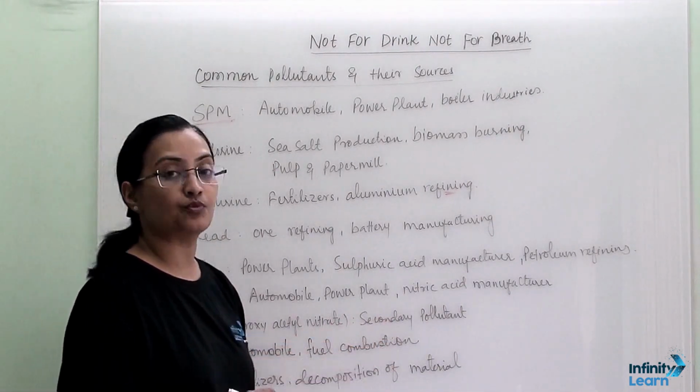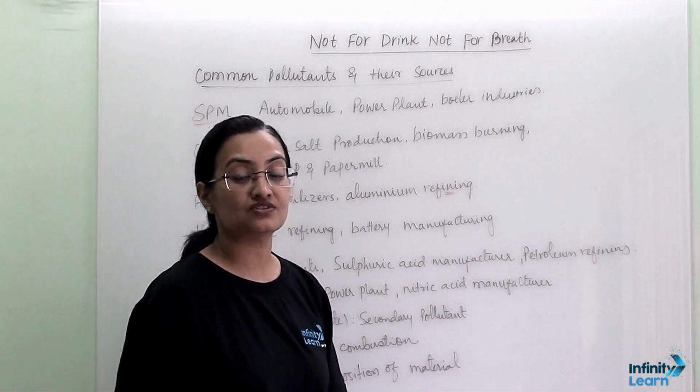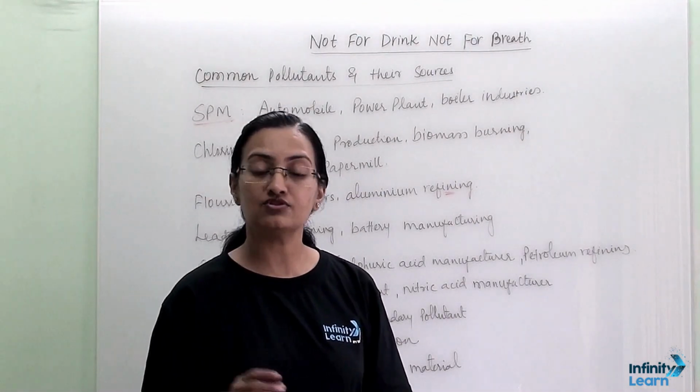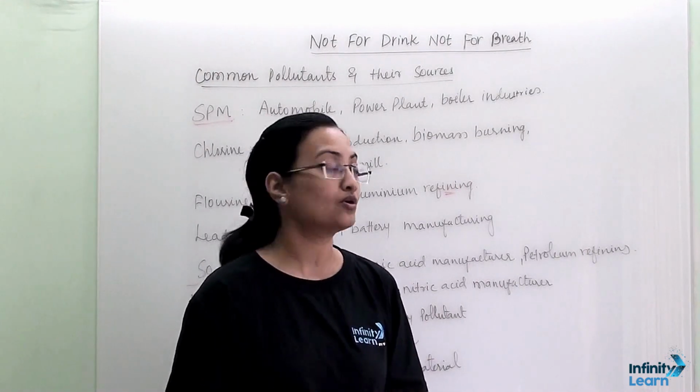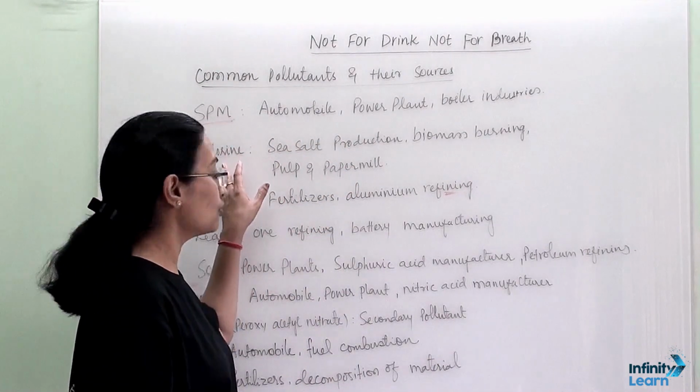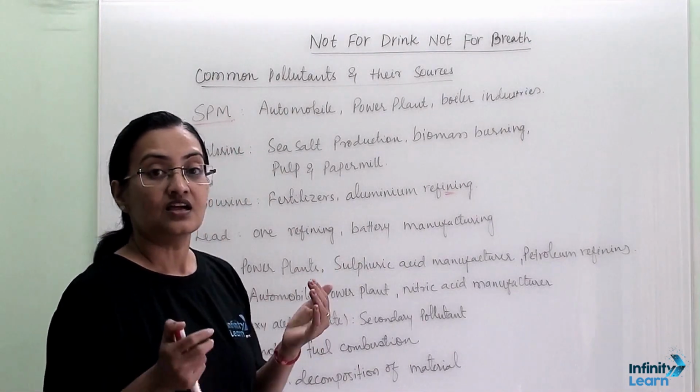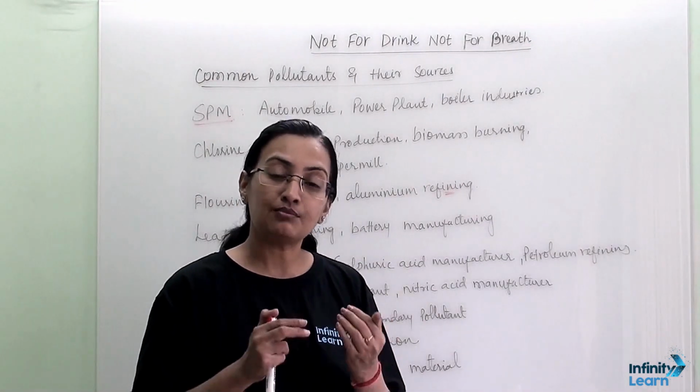This is a secondary pollutant. Now what is the meaning of secondary pollutant? There are two types of pollutant, primary pollutant and secondary pollutant. Primary pollutants are like chlorine, fluorine. They are the main pollutants.